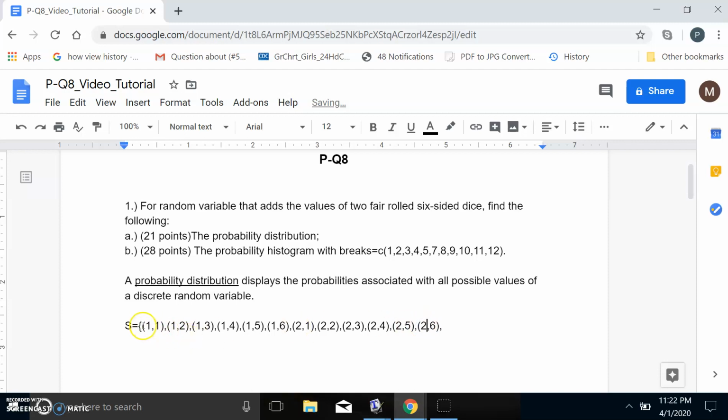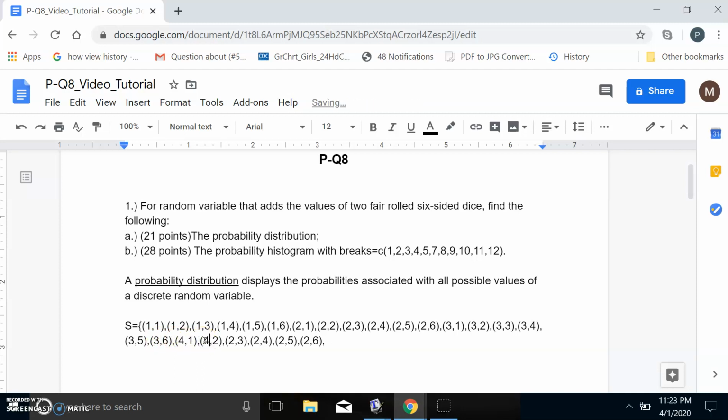And then we just take all of these now, copy them and paste. It's the most efficient way to list them, so it'll be 3 then, 3, 1, 3, 2, 3, 3, 3, 4, 3, 5, 3, 6.